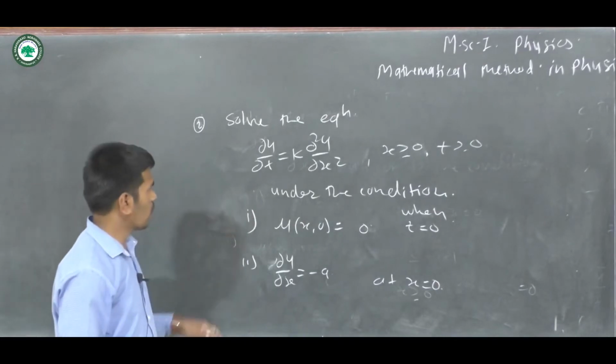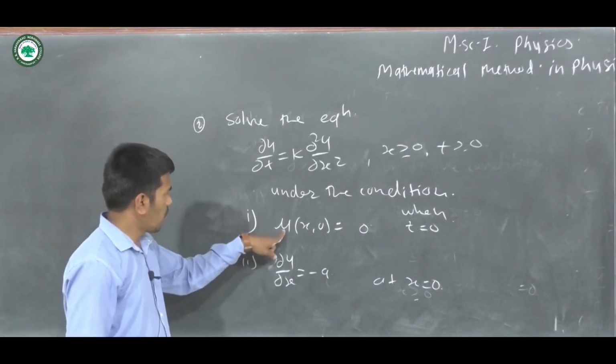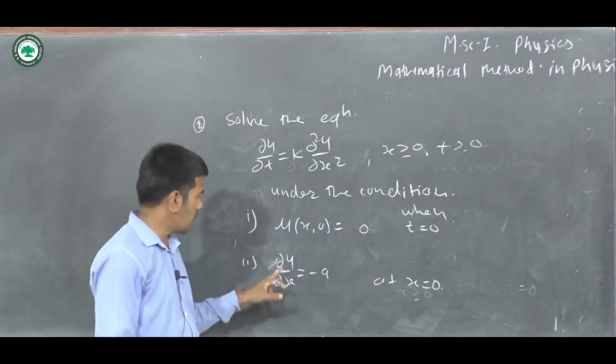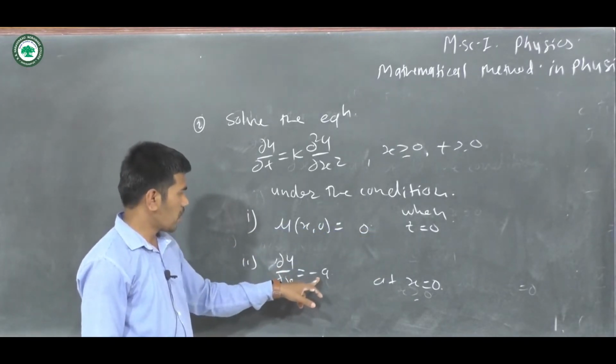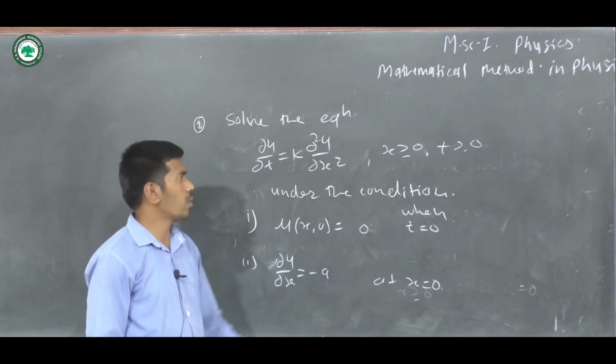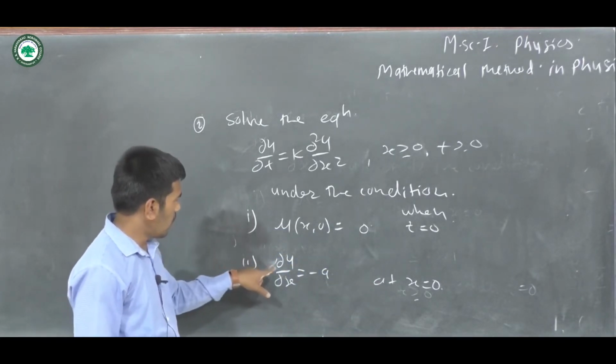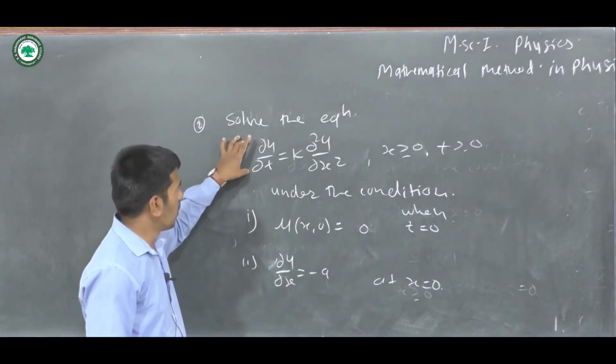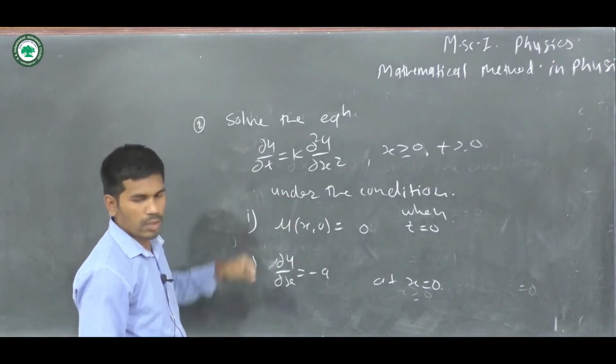Okay, so these are the two conditions given, where u is given at t is equal to 0, and du by dx is given, that is minus a, at x is equal to 0. So we know when du by dx is given at x is equal to 0, then we apply the cosine transformation to this differential equation.